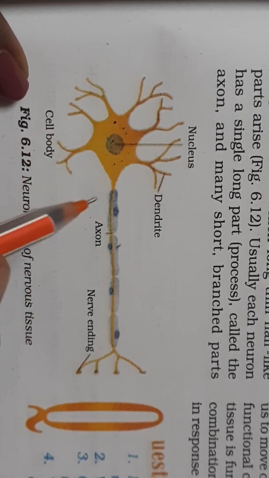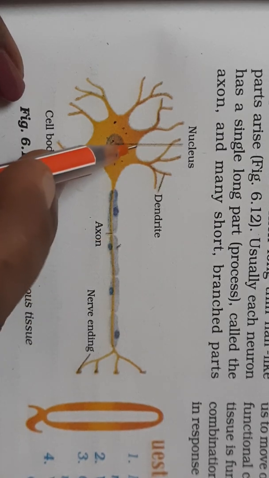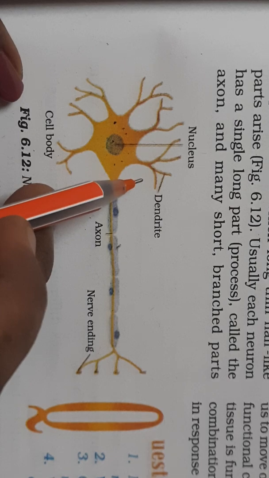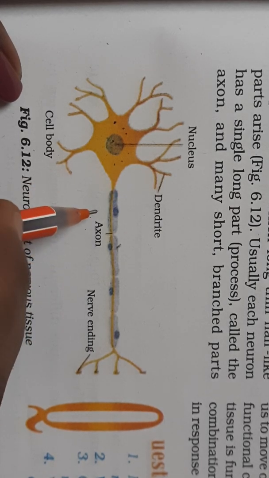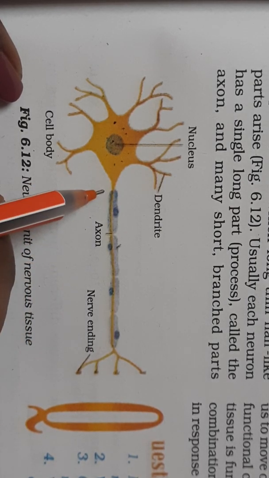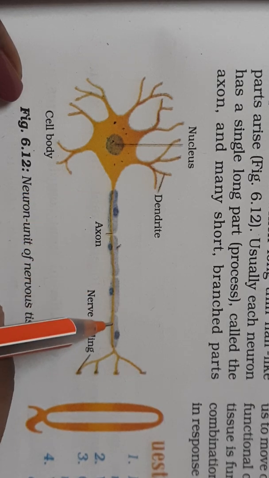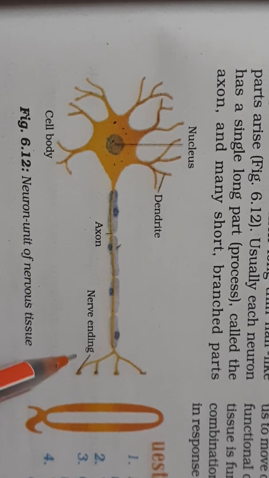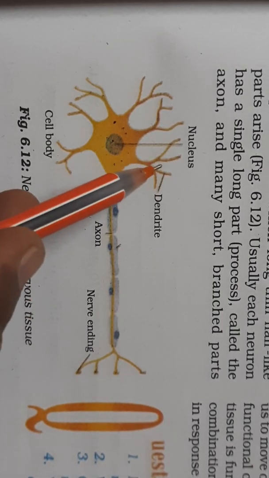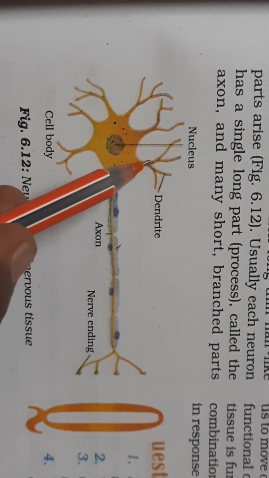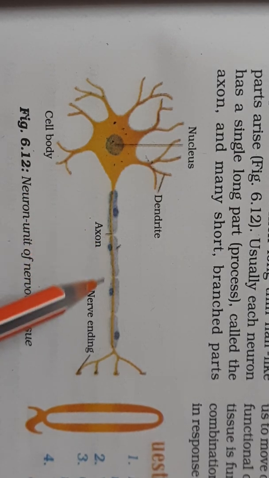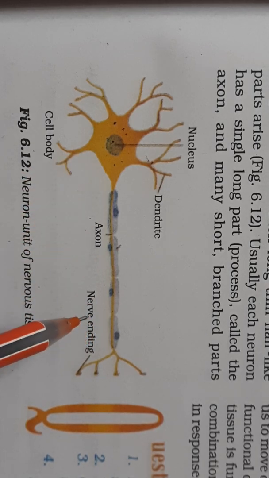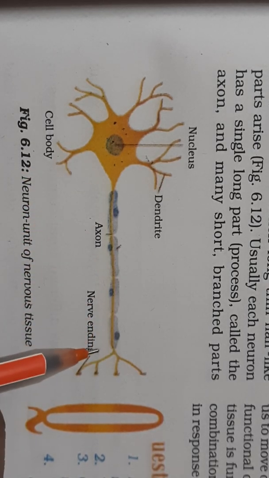Okay, there is cytoplasm here, from which hair-like structures arise, and these are called the dendrites. Then every neuron has a single long part called the axon. This is the axon, and then there are many short branched parts, these are called the dendrites, and the axon can be up to a meter long. You all know that this is the longest cell of the body.